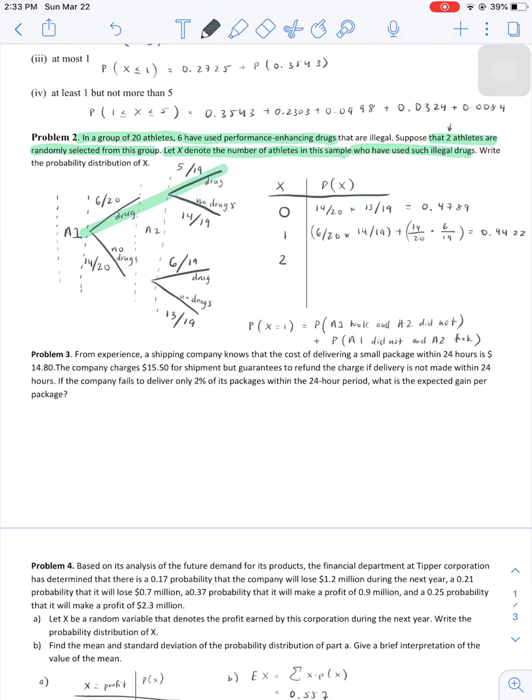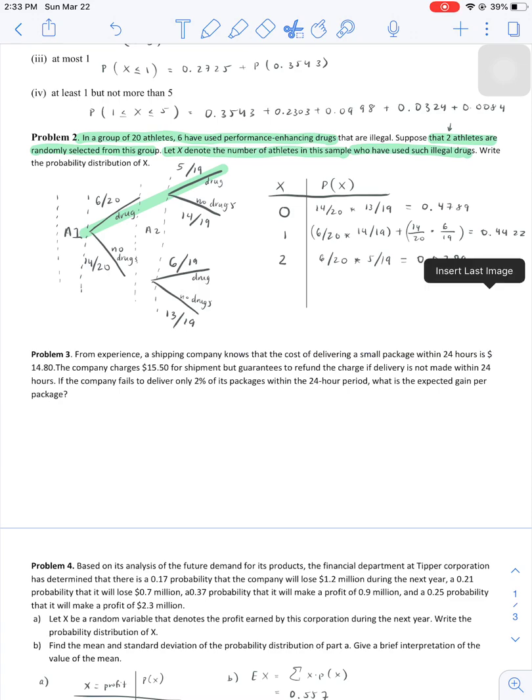There we go. That's equal to 6 out of 20 times 5 out of 19. If you plug that into your calculator, you should get 0.0789. And this table is your probability distribution.